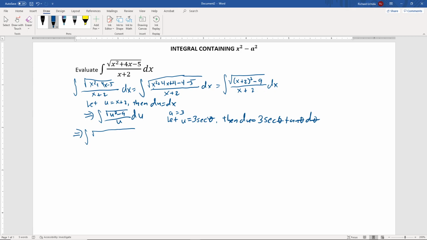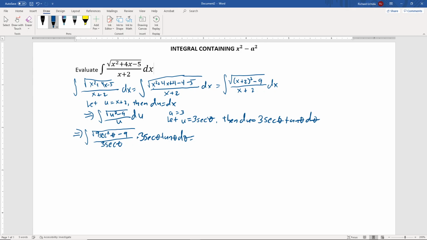Now instead of u squared minus 9, this will be 3 secant of theta squared, so that would be 9 secant squared of theta minus 9 all over 3 secant of theta times the 3 secant of theta tangent of theta d theta.